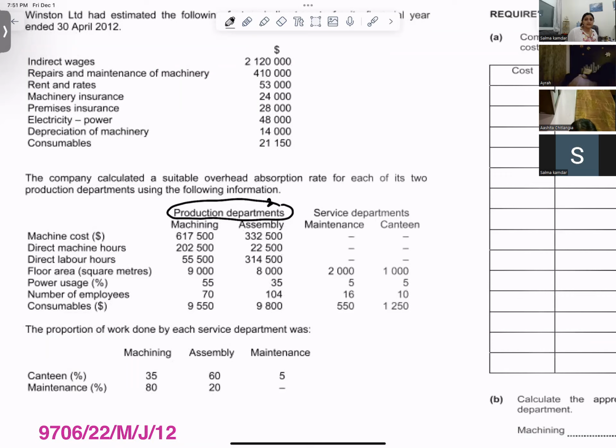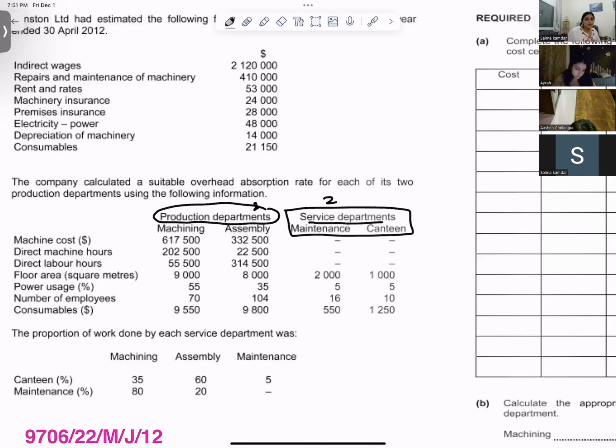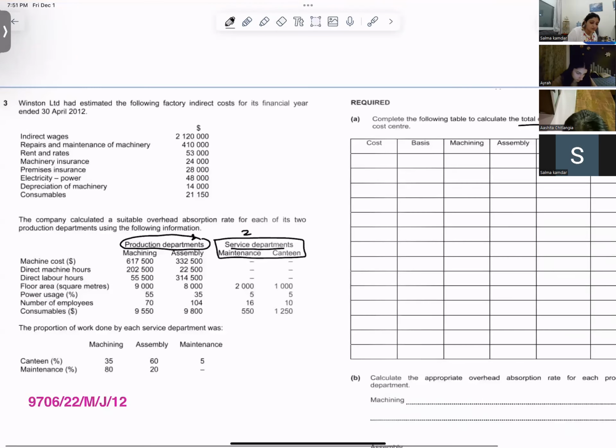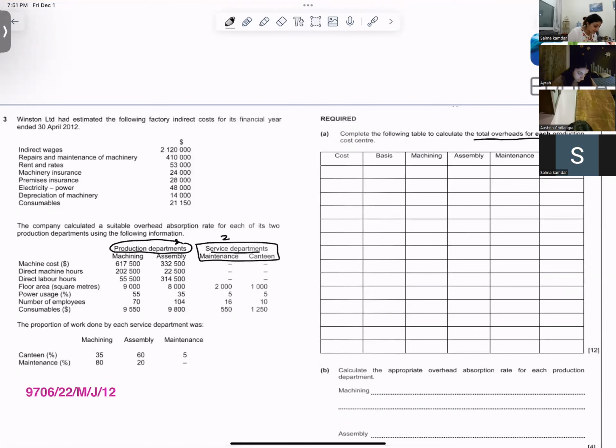So you have two production departments. How many service departments do you have? Two. So you have two service departments and two production departments. So you have to do allocation and apportionment of the production department or service department cost on a suitable basis. These are all your overheads and this has to be distributed over here on a suitable basis.